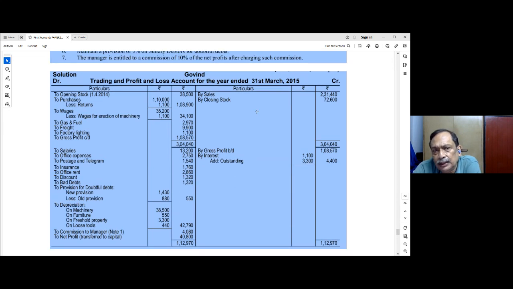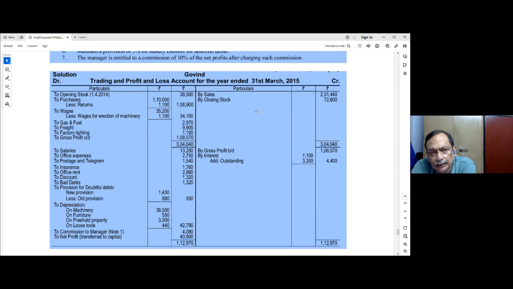So we are going to compile first trading and profit and loss account. So we are having opening stock. Then we are taking purchases. From that, we are going to deduct the returns. Then we are writing to wages.